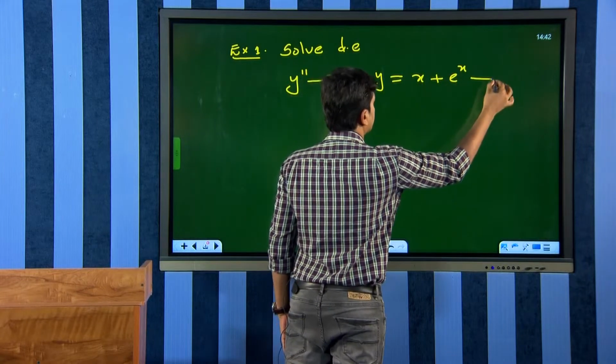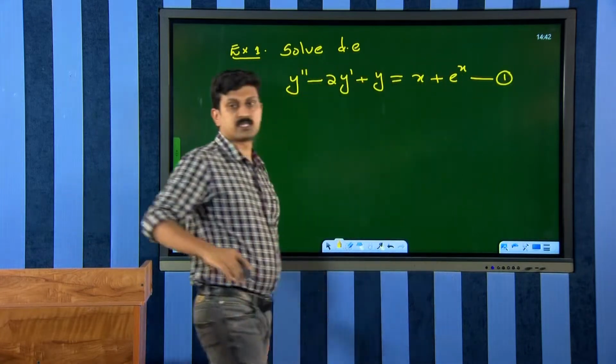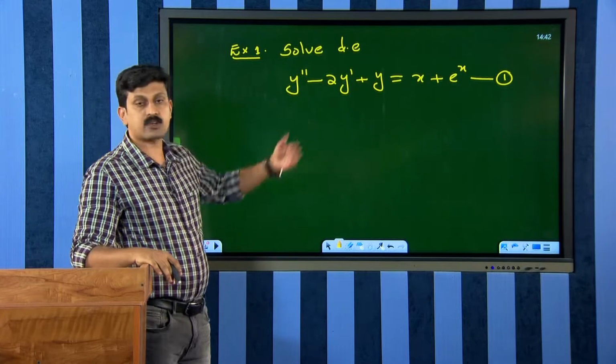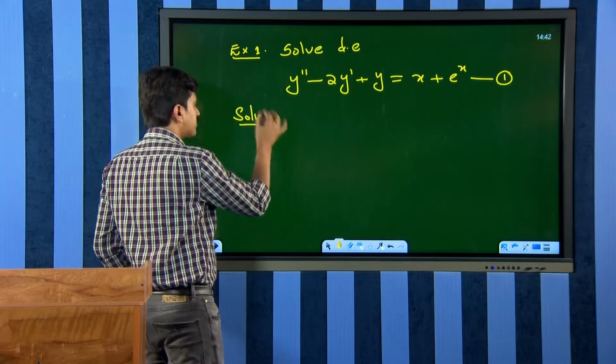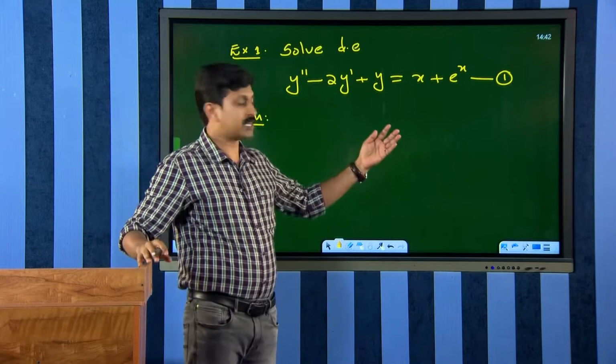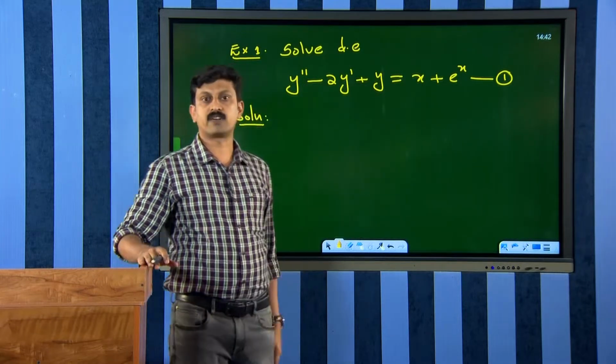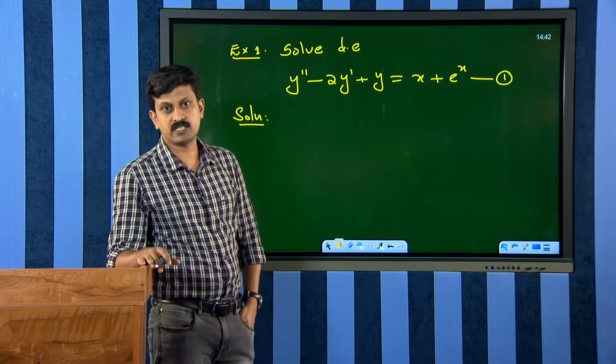This is our non-homogeneous equation 1. Seeing this equation itself, we understand that it is a linear non-homogeneous differential equation with constant coefficients.